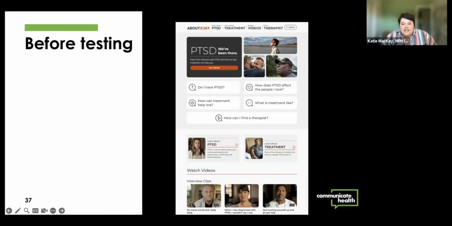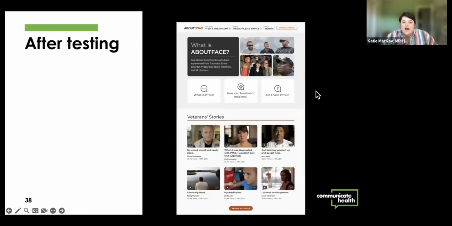And then after testing, if you want to bring that up, Janelle, it looks pretty similar, but you can see at a glance how much audience testing helped us refine this website and what visuals to use.